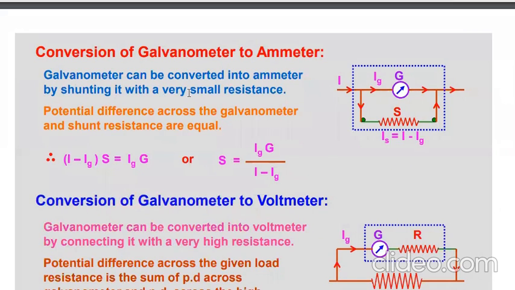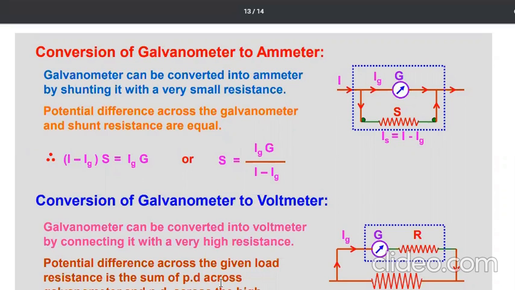A galvanometer can be converted into an ammeter by shunting it with a very small resistance. That is, shunting means we connect a very small resistance in parallel with the galvanometer in the circuit. So you see here, the potential difference across the galvanometer and the shunt resistance are equal because both of them are connected in parallel.